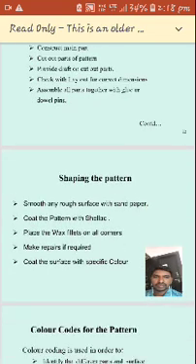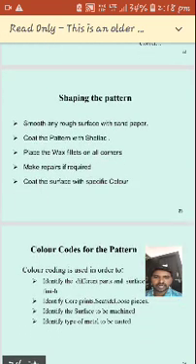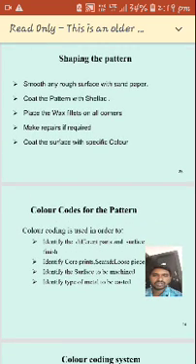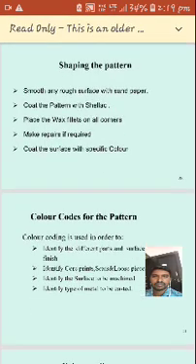Smooth any rough surface with sandpaper, coat the pattern with shellac, place wax fillets on all corners, make repairs if required, and coat the surface with specific colors. Like that we can shape the pattern.